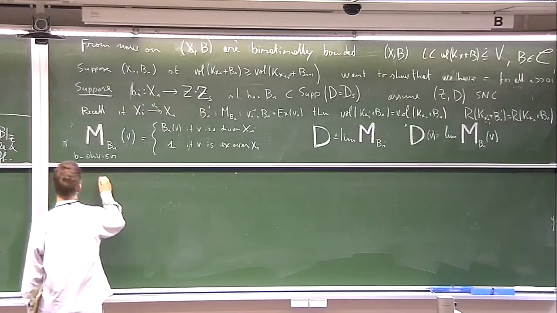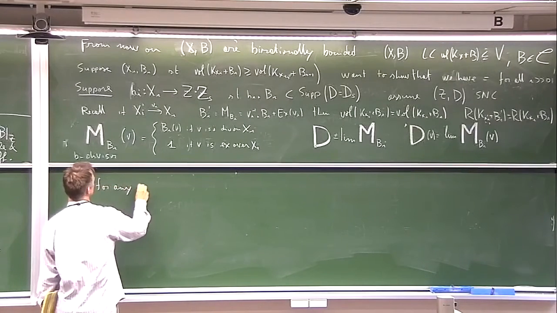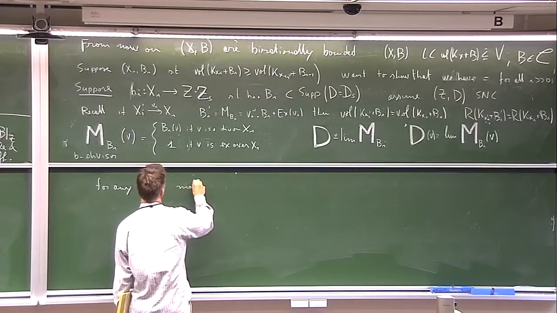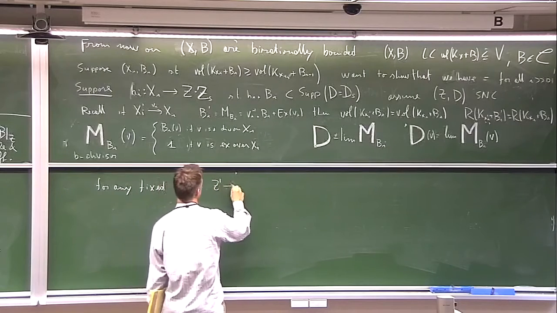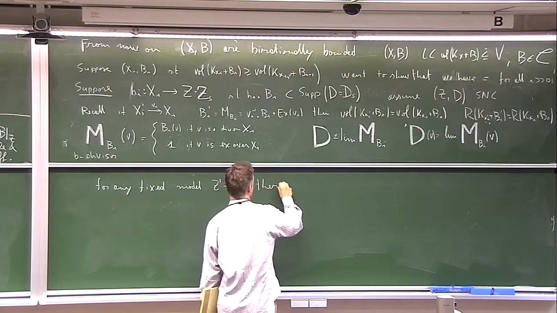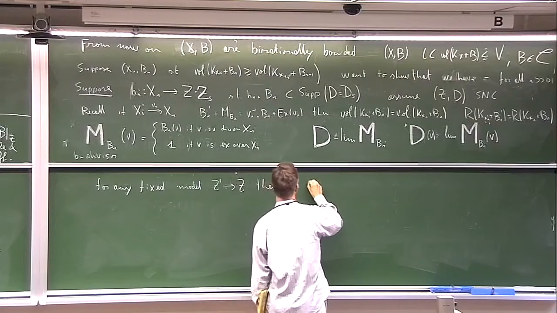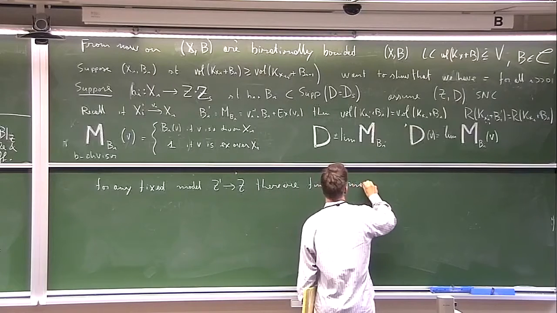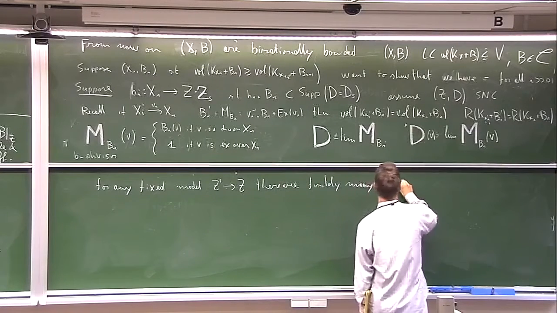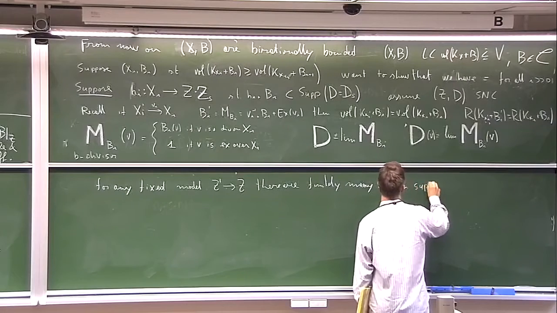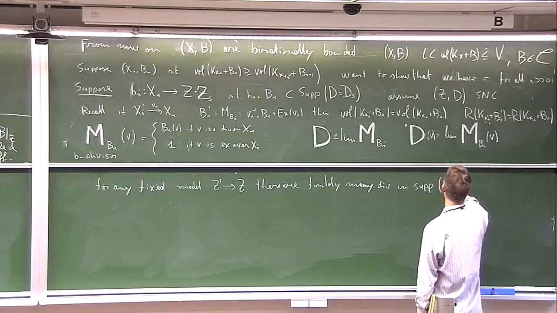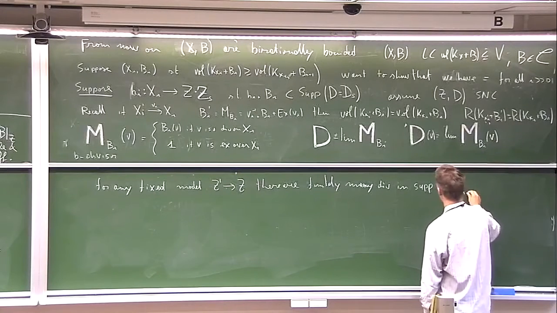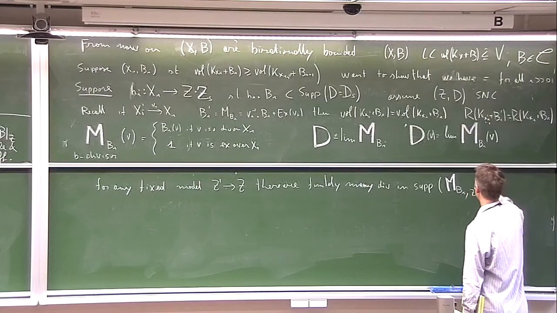So for any fixed model Z prime over Z, there are only finitely many divisors in the support of any M(bi) considered as a divisor on Z prime. Why is that?